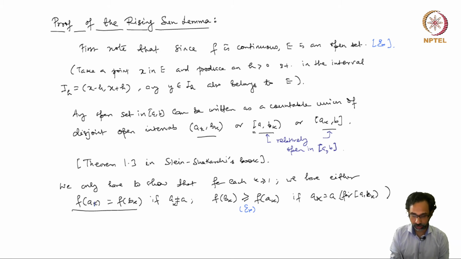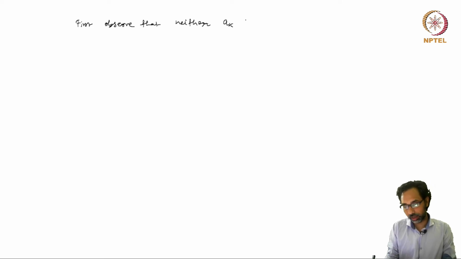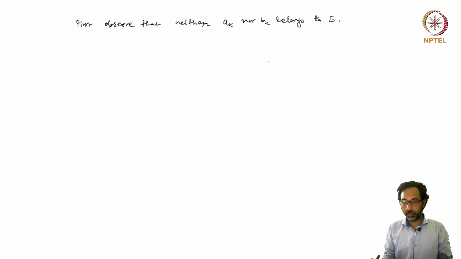So let's try to show that f(a_k) equals f(b_k) when a_k is not equal to a. To show this, first observe that neither a_k nor b_k belongs to E, because it's an open interval, so the endpoints are not included.